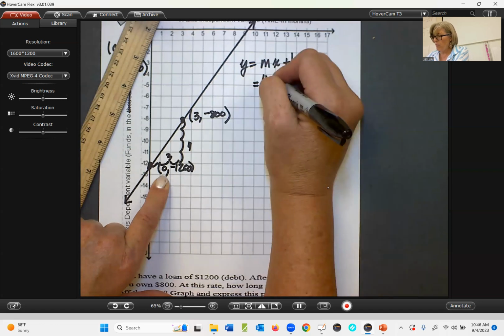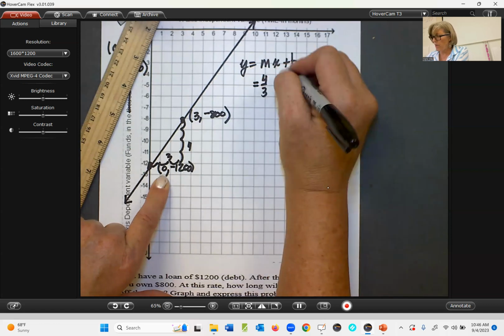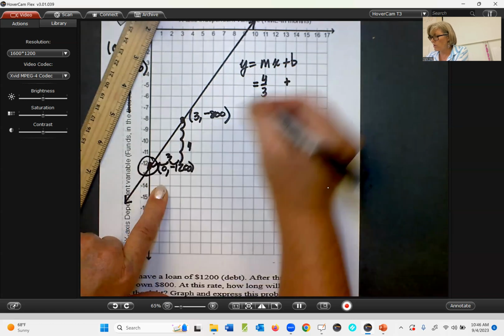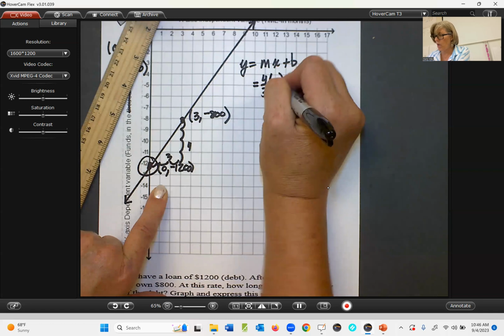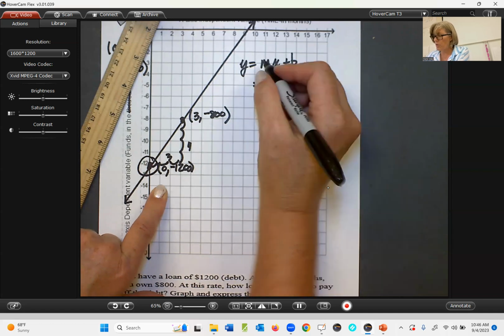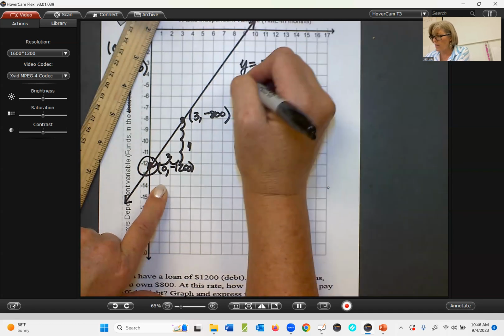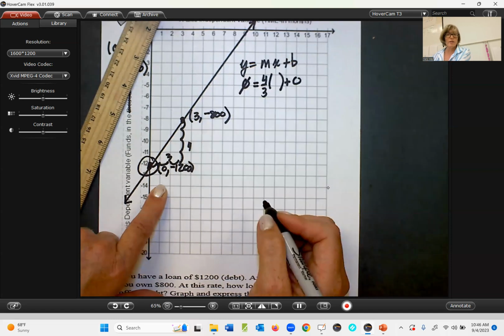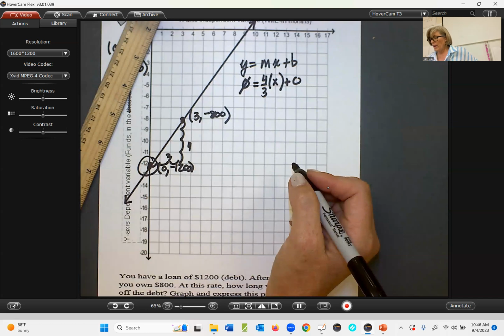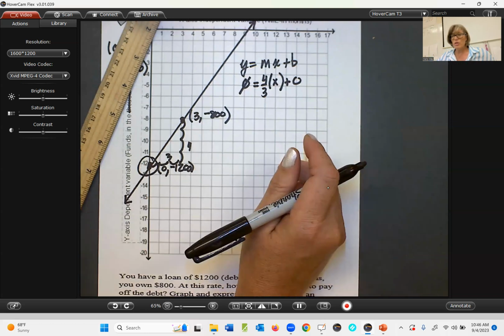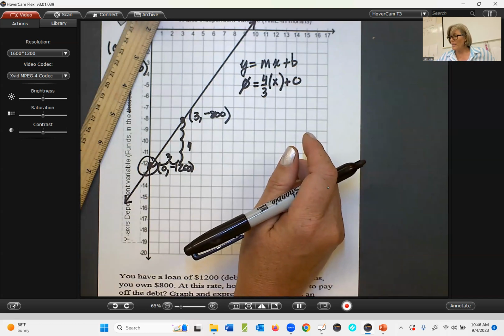And we want to know how many months it takes. Our B, our original B, was 0. How many months, as a factor of time, does it take to get our Y to be 0 debt? There is your variable to get to 0 debt.